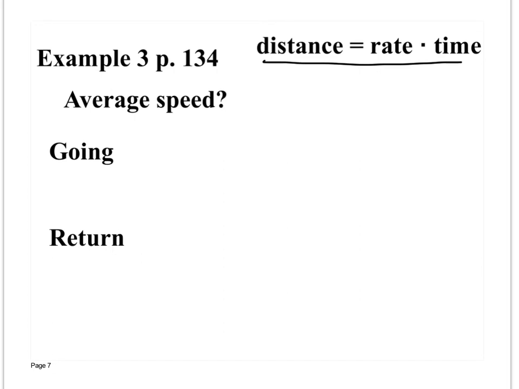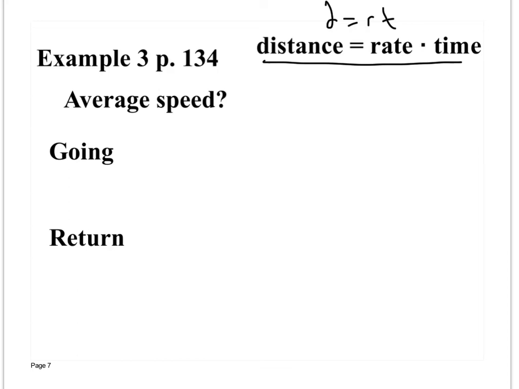I will call it D equals RT all year long. If you are confused by it, think about it. If I go 50 miles an hour for 2 hours, how far did I go? 100, right? 50 times 2 is 100. So that is D equals RT. Distance equals rate times time.